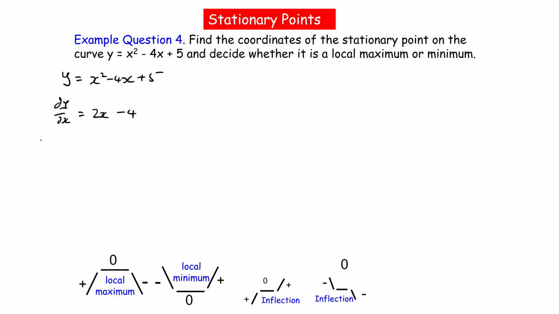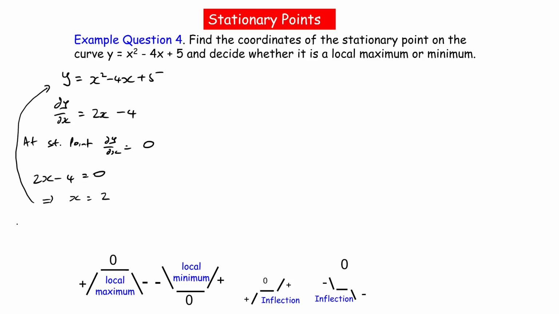So at the stationary point, dy by dx is equal to 0. So we've got 2x minus 4 equals 0, which means that x is going to be equal to 2. And we've got to find y by subbing for x in the original equation.